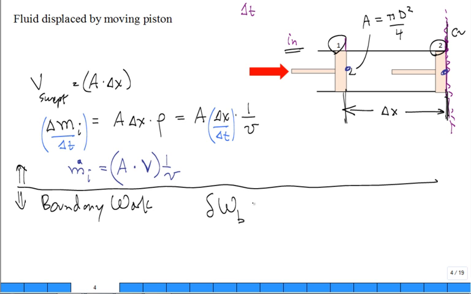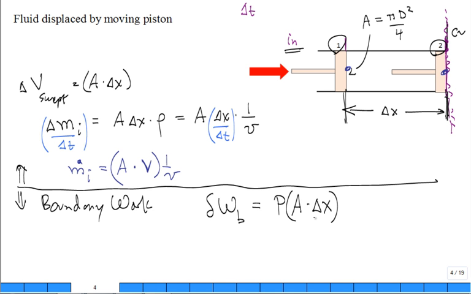That would be the pressure times the area times the delta x. Isn't this a dV, the volume swept in? Maybe I should have put a delta V for the volume swept inside, pushed in.